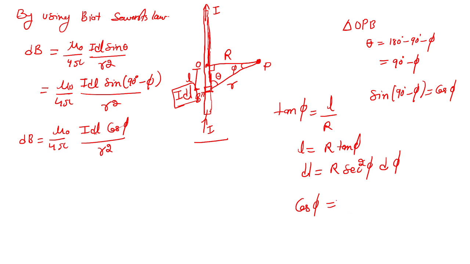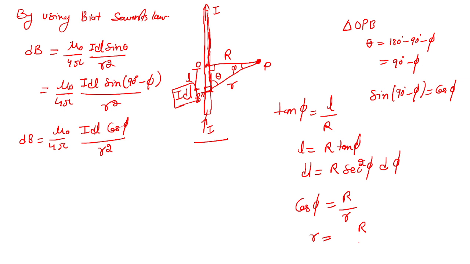From here, cos phi is r over small r. So if we calculate the value of small r from here, it will become r over cos phi. So this is the value of r.